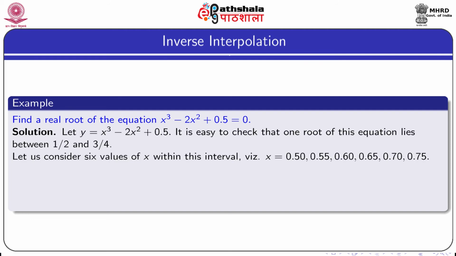Let y equal to f(x), that means the given equation, which is equal to x cube minus 2x square plus 0.5, and it is easy to verify that one root of the equation lies between half and 3/4.